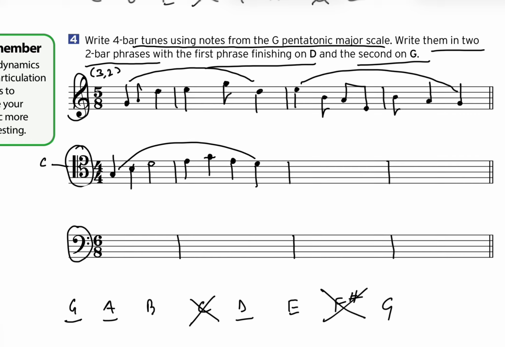Now second phrase, let's come down slightly. So we'll go to B, then we go to A, then we go to G, we can go to E. Let's make them first.